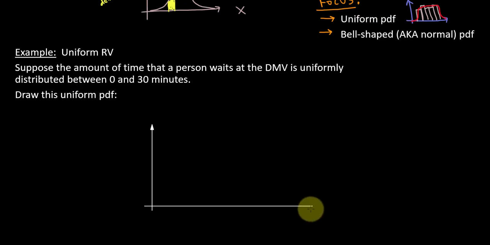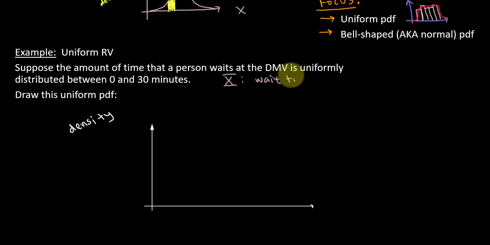So I've laid down a set of axes here, and as mentioned just a few minutes ago, the vertical axis is called density. So I will label the y-axis as such. The horizontal axis is always our variable. And here we're talking about the amount of time that someone waits at the DMV. So maybe we should let the letter X represent the waiting time in minutes.